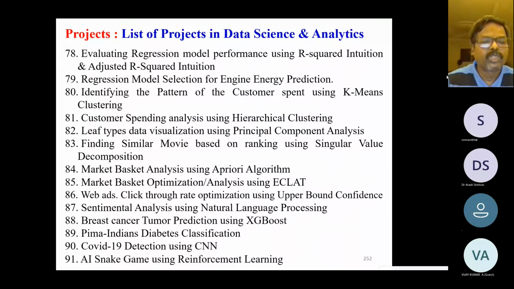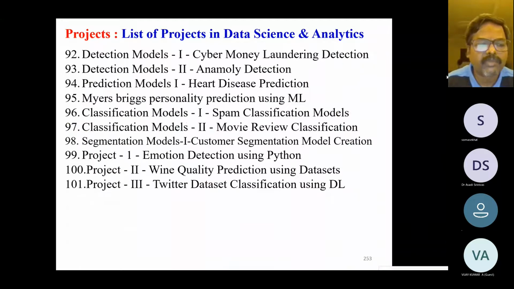Today I am going to share these with you, and a few applications I am going to demonstrate. In total, 101 applications I am going to demonstrate, and I am sharing these projects with your coordinator, Samson sir. He is going to share them with you so that you can do your final year projects.